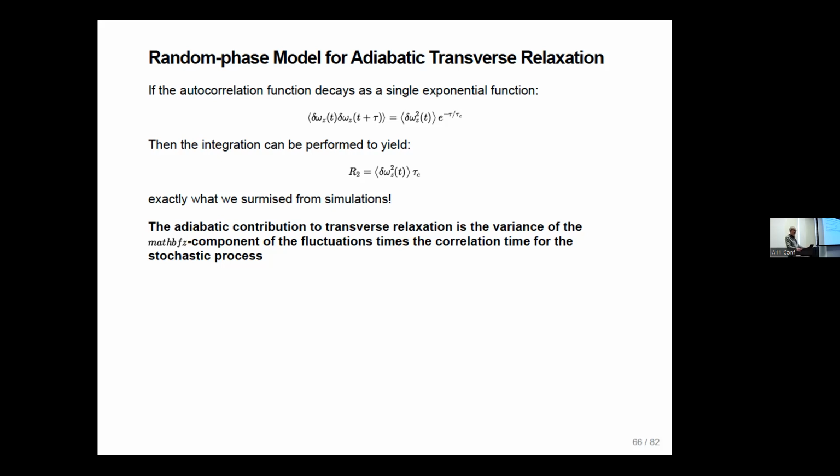So just to recall, we transformed into the rotating frame. We integrated the equation. We ensemble averaged, expanded in a Taylor series, threw out the high order terms, threw out the terms that average to 0, and then differentiated, converting back to a differential equation by assuming this coarse-grained time scale.